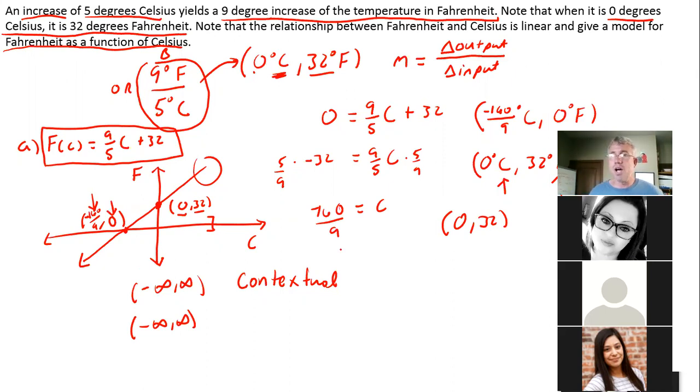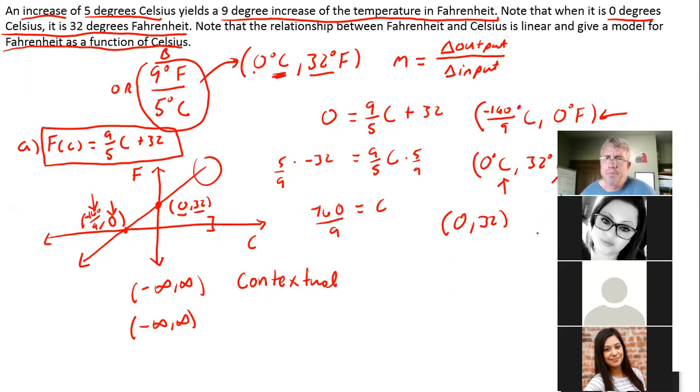And if the answer is no, then that intercept isn't helping me with the domain and range of the problem. Is that okay? So find the intercepts, interpret the intercepts, and then ask the question, do these put boundaries on the problem, yes or no? And if they don't, then you have to be more clever than that for the contextual domain.